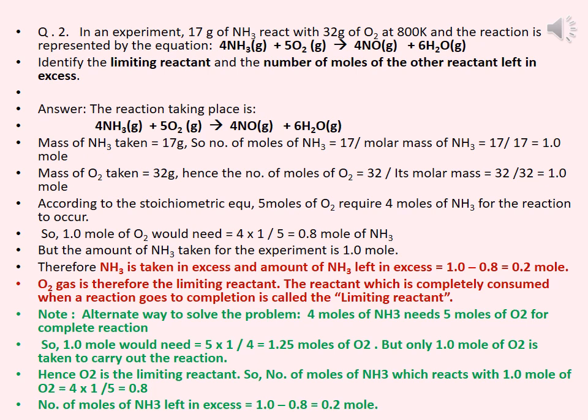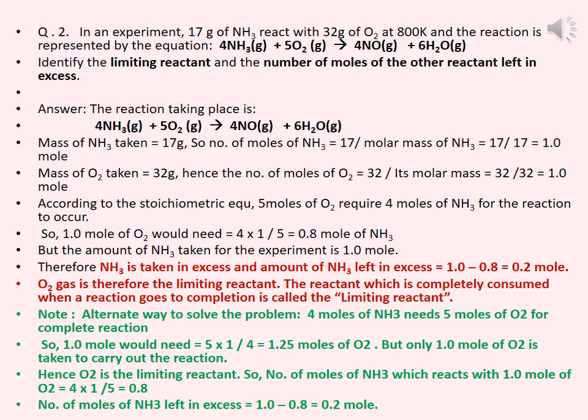First, identifying the limiting reactant, and then calculating the number of moles of the other reactant which is left in excess. This problem is an application of the stoichiometric equation. A stoichiometric equation is a balanced chemical equation.